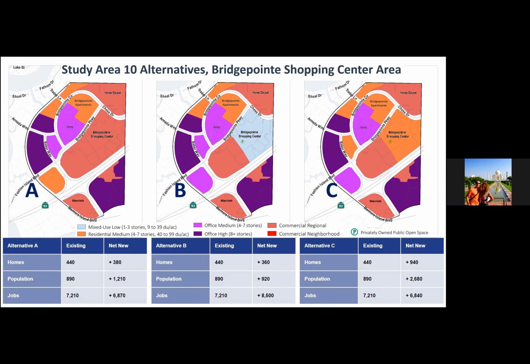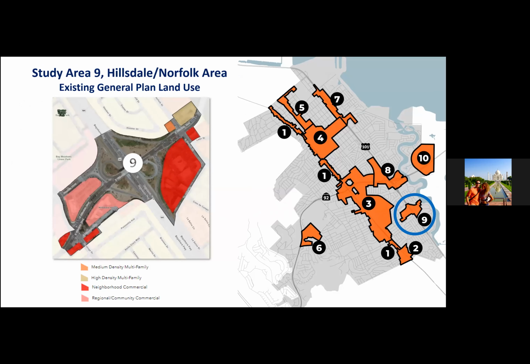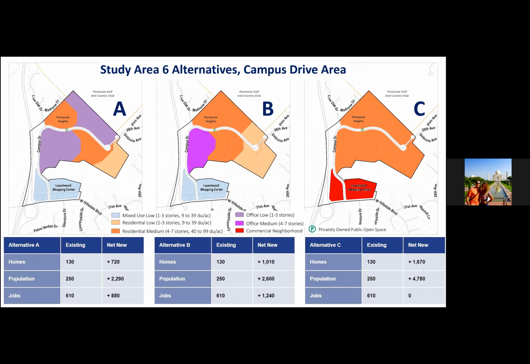I would like to just ask something, and sorry that this is back on study area 6. We talked about the Campus Drive connecting to the Hillsdale, to 26. And I was wondering, on Campus Drive, it's named Campus Drive, but it doesn't actually go to the College of San Mateo.